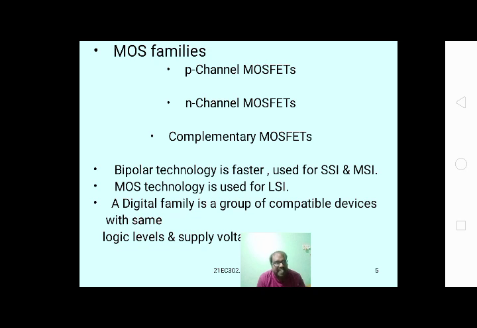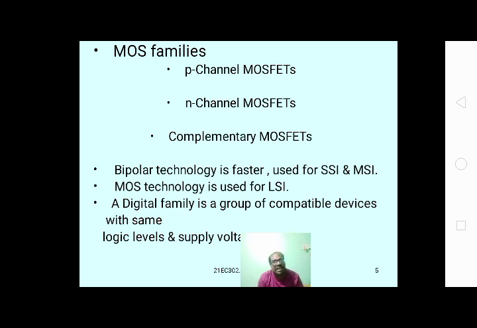Here there are 3 types of MOS families. First one P channel MOSFETs, second one N channel MOSFETs, third one complementary MOSFETs. Simply we can name them PMOS, NMOS and CMOS.